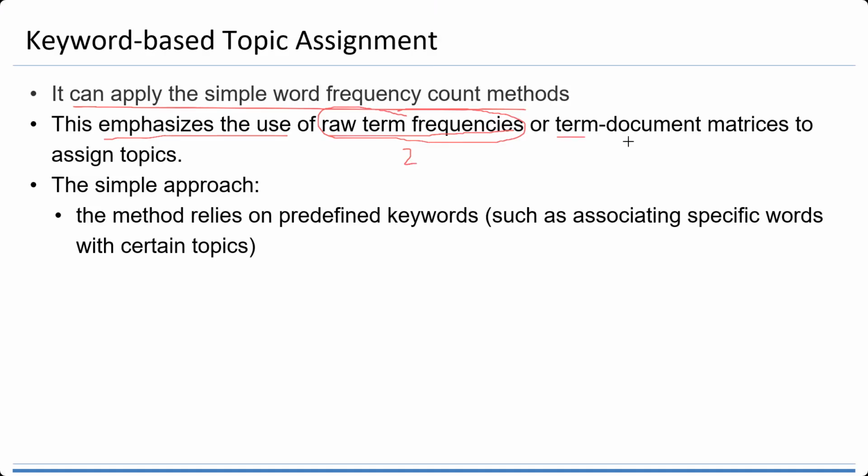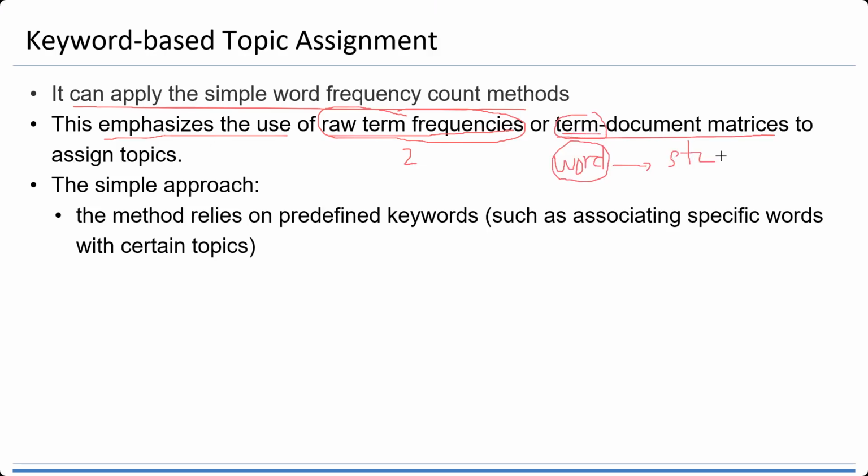Or sometimes we call this the term document matrices. The term means the word. Sometimes we use term to indicate the important word. If we use word, usually it also includes the stop words.